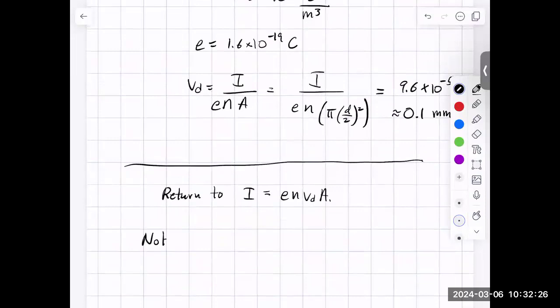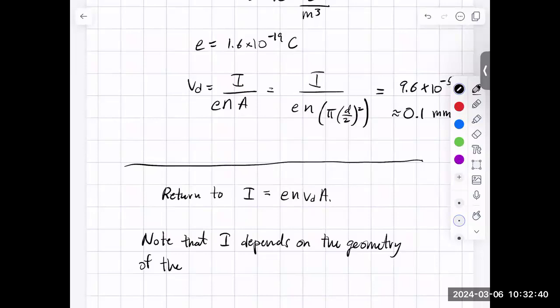So let's note that I depends on the geometry of the wire because of this factor of the cross-sectional area.